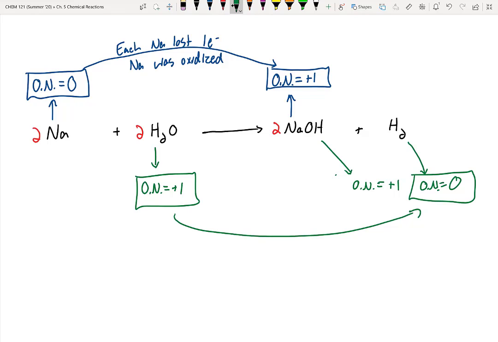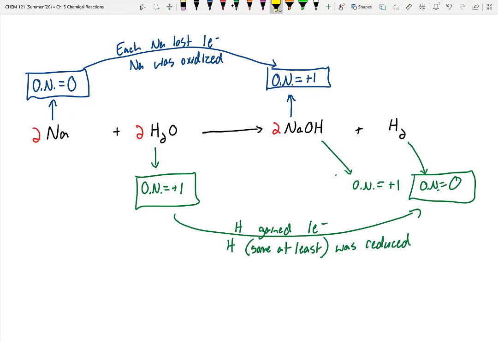So then we could say that each hydrogen must have gained 1 electron, which means that hydrogen, some at least, was reduced. Make sense?